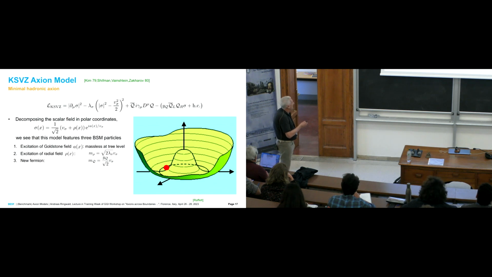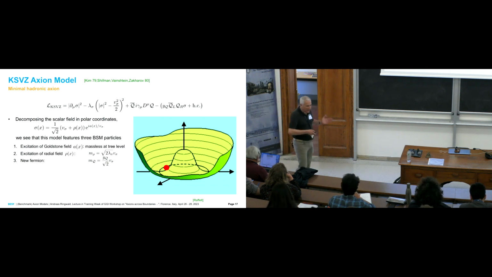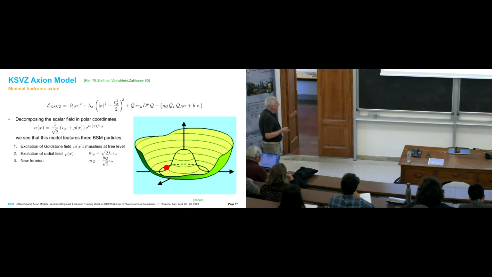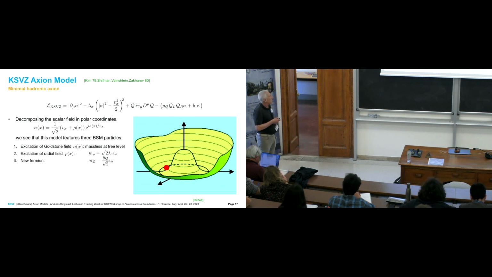It accounts for the fact that there is this minimum, and describes the fluctuation around the minimum in the radial direction. And the other component is the field which gives the angle of the field around this potential. Then we see that this model features 3 BSM, or beyond the standard model, particles.